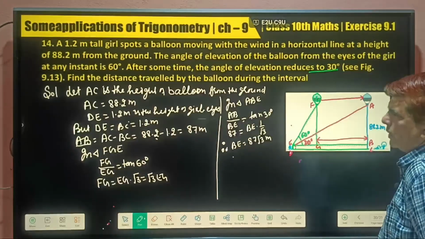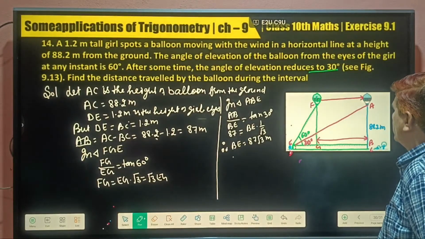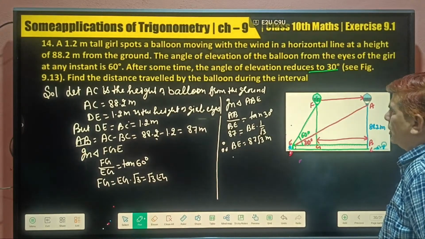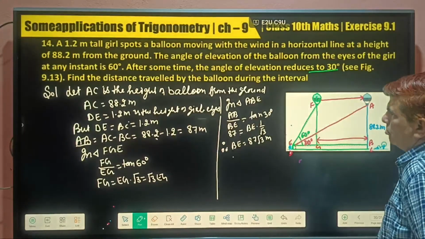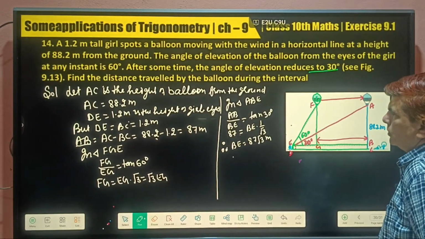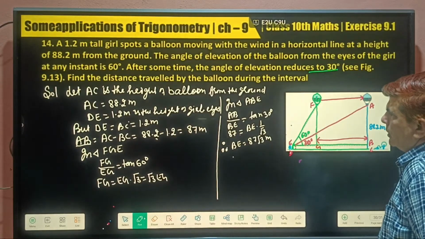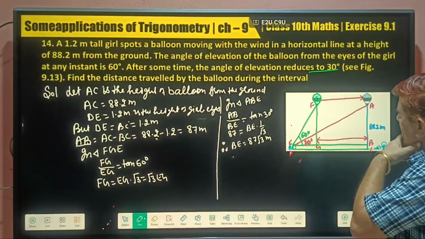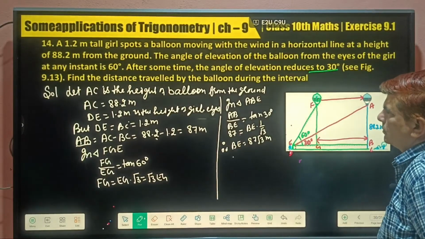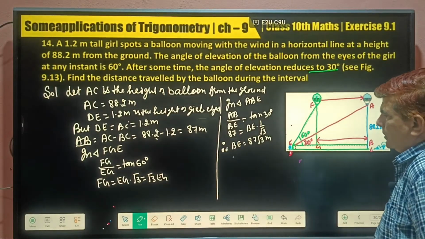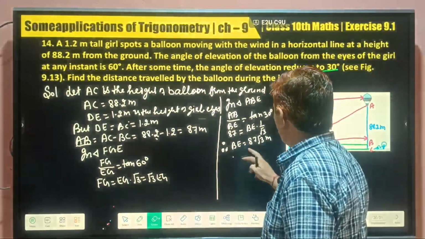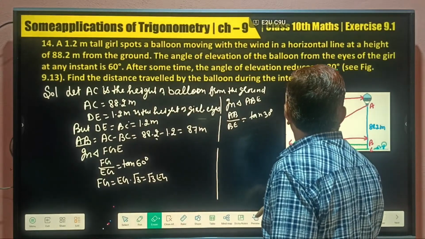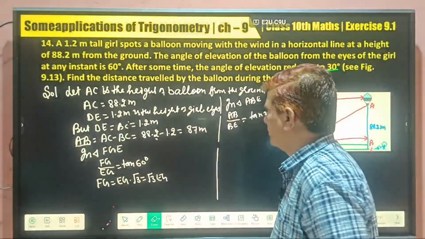So what do we have to find out? FG is equal to root 3 EG. FG, where is FG? FG is this. We can show it like this also, taking it another way. So FG is how much?